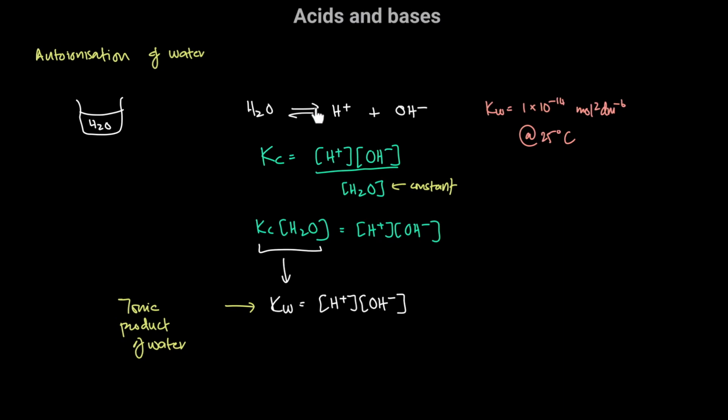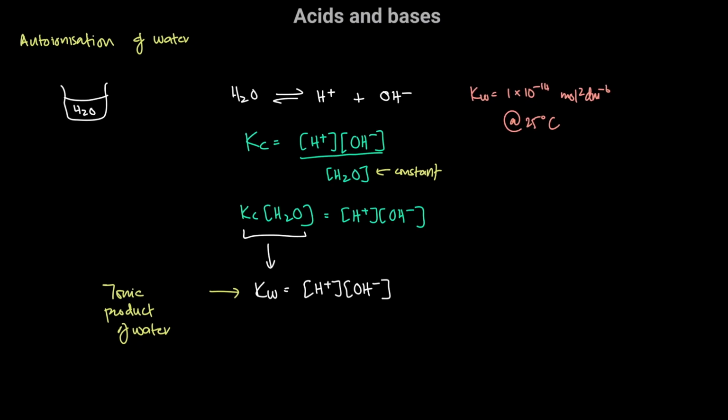Now the question is, what is the concentration of H plus ions and hydroxide ions in water at 25 degrees Celsius? We know that at 25 degrees Celsius, the ionic product of water is 10 to the power of negative 14. That's the concentration of H plus ions times the concentration of hydroxide ions.